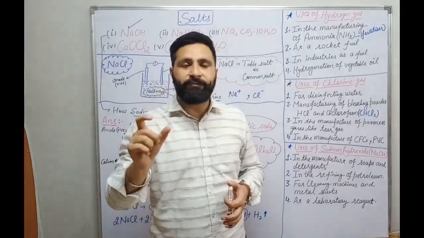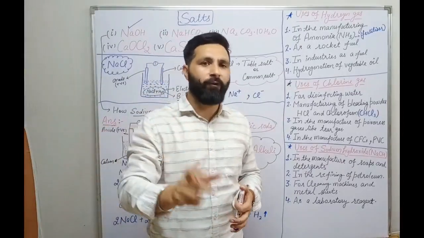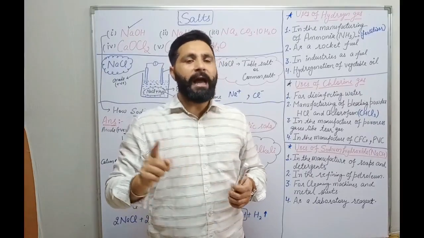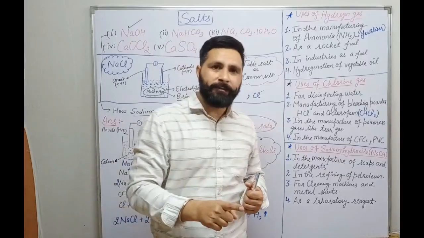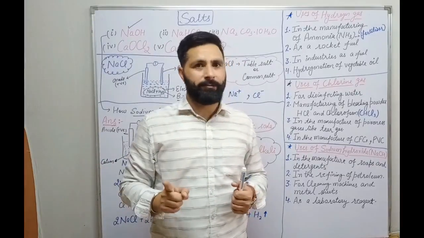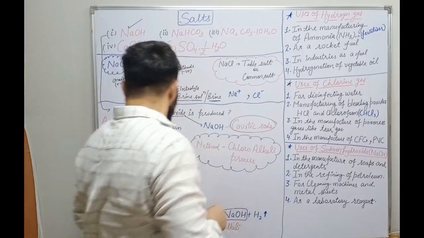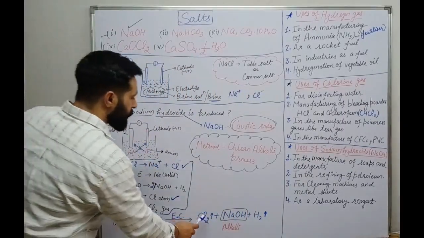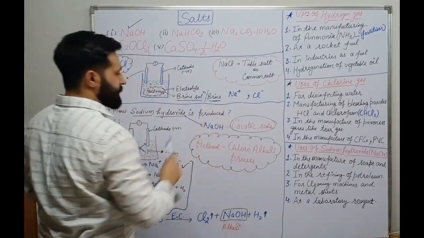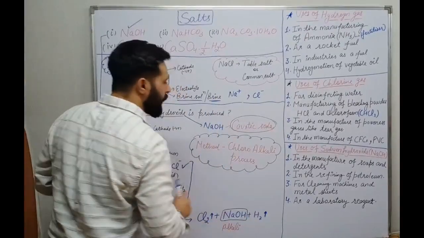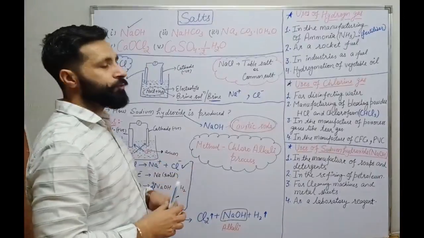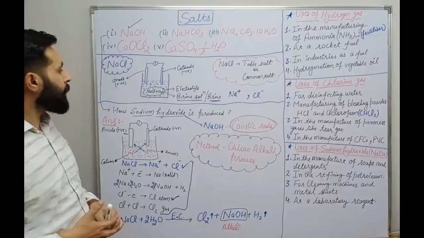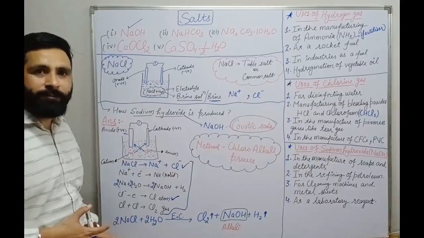Those bases which are soluble in water are called alkalis. So every alkali is a base, but every base is not an alkali. So beta, this method is known as the chloroalkali process, because chlorine gas is produced and alkali is formed. So I hope this is clear to you all.